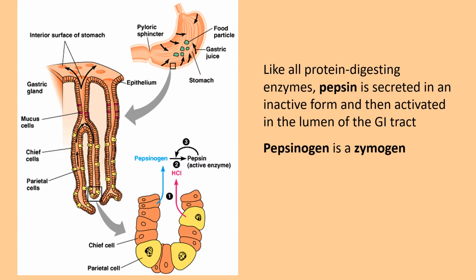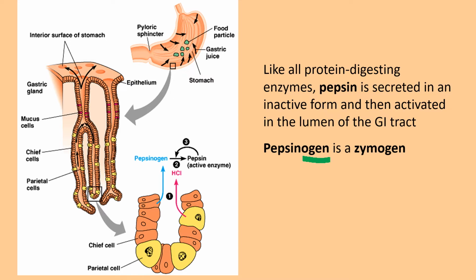Here we're looking at the wall of the stomach, gastric pits, and the different cell types that line gastric pits. You're not responsible for knowing the names of the different cell types or their individual functions, but some of these cells are responsible for manufacturing pepsinogen. And there's that ogen again.